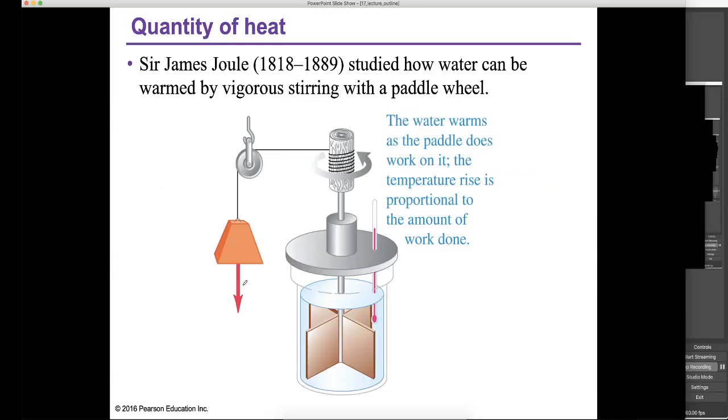Okay, next, quantity of heat. Sir James Joule studied how water can be warmed by vigorous stirring with a paddle wheel.